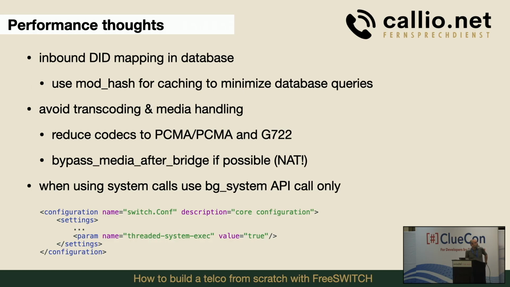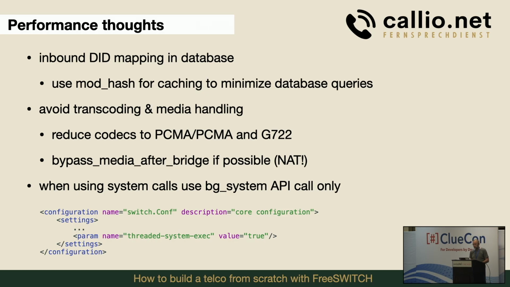Performance sort. When we have direct connection to the database on any call, we need to make sure that we cache our subscriber to number mappings, just to make sure that we will not blast our database when there's high traffic or when there are any attacks.